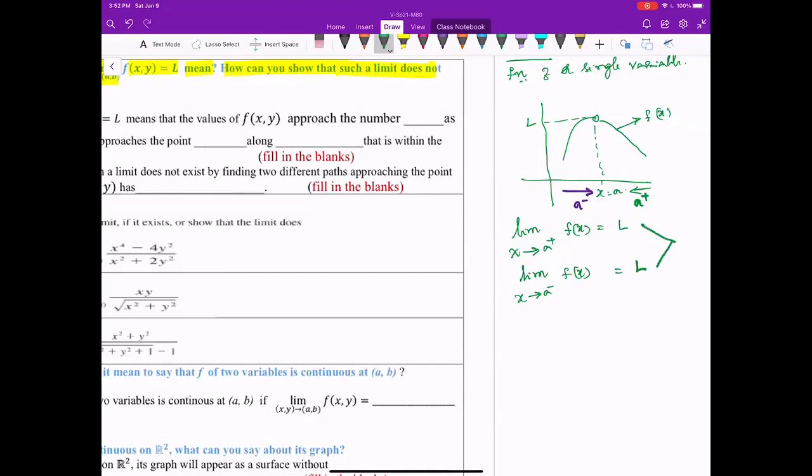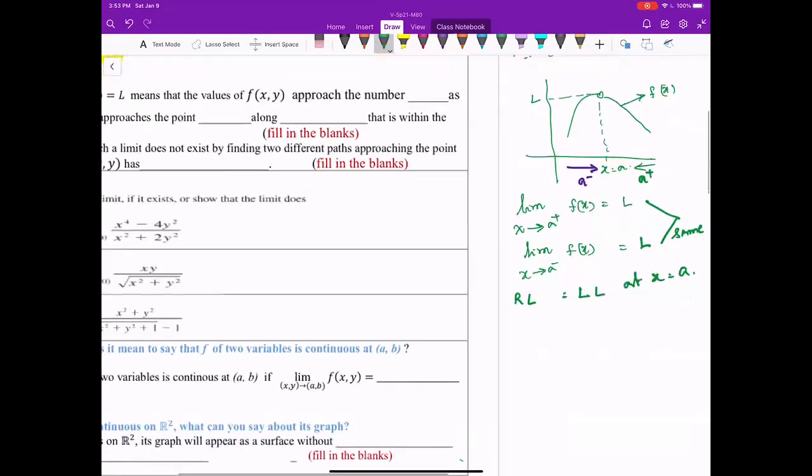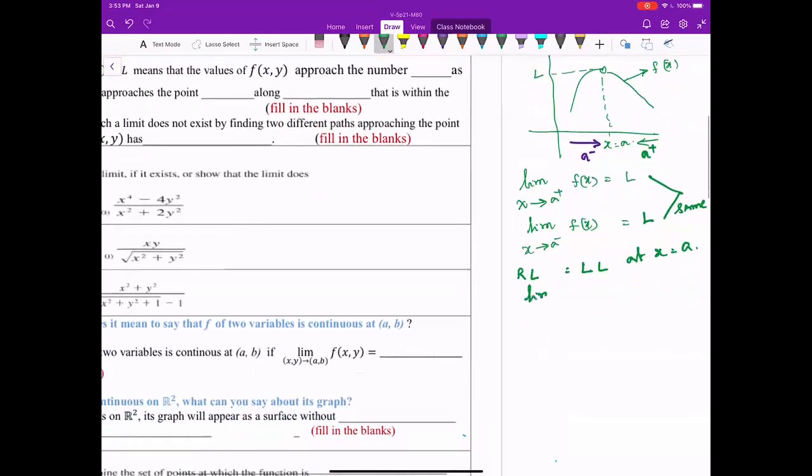Because the right-hand limit is equal to the left-hand limit at a, the limit exists. The limit as x approaches a of f(x) equals L, and it does exist.